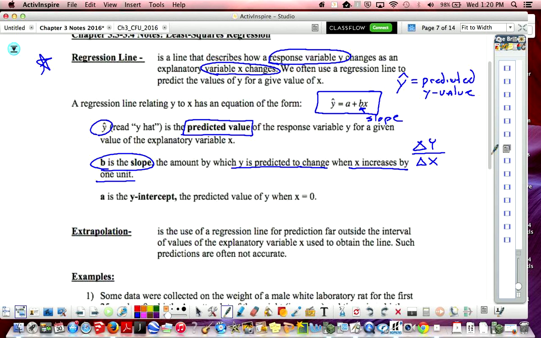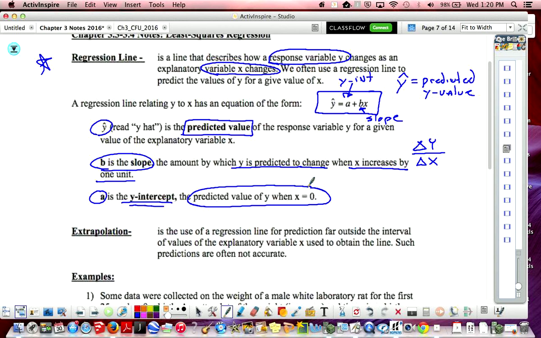The last part is the a value. A is simply your y-intercept. Basically, where does your line cross the y-axis? What is your predicted y value when your x value equals 0?